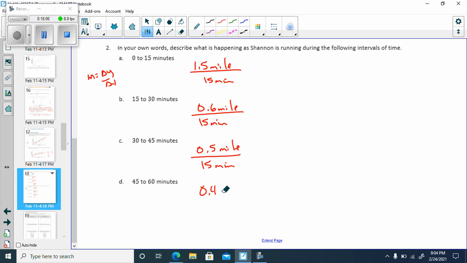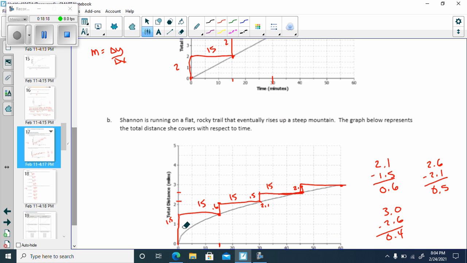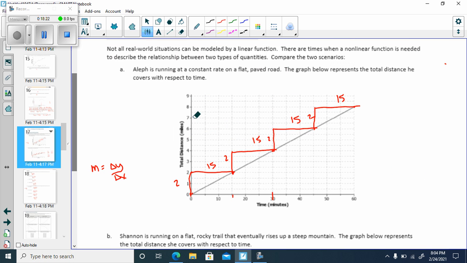She ran 4/10 of a mile in 15 minutes. Notice how the rate of change is different every place. The rate at which she's running is changing. That is why what you're seeing here is not a linear equation. See how it curves? And this one up here where the rate stayed at 2 miles per 15 minutes is a linear equation because the rate of change is the same everywhere.